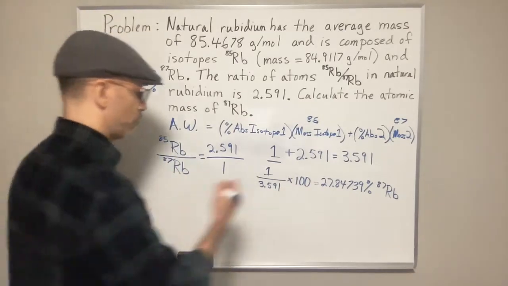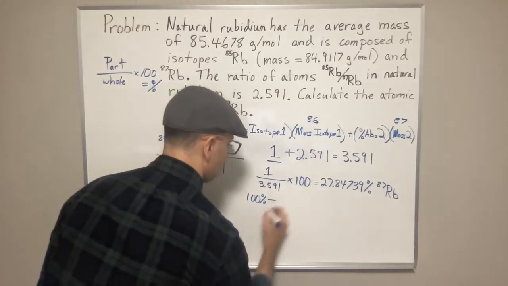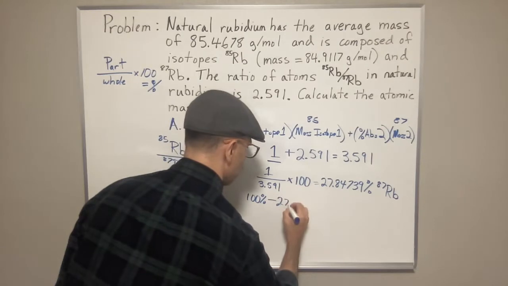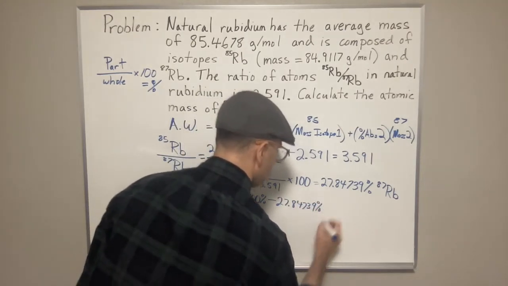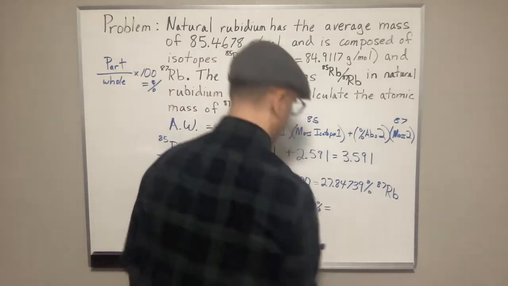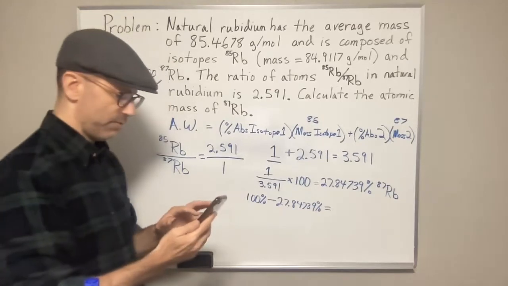So if we take 100% and subtract out the 27.84739% for the rubidium-87, that'll give us the percentage of rubidium-85.